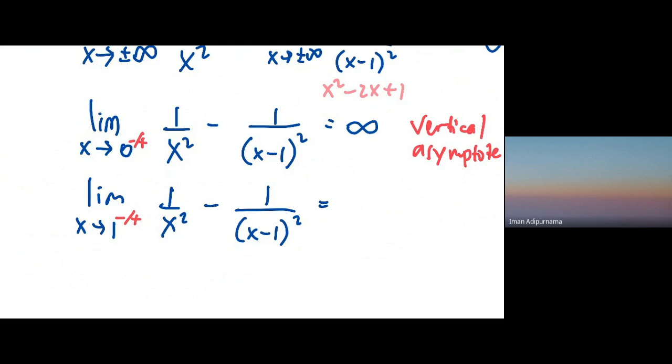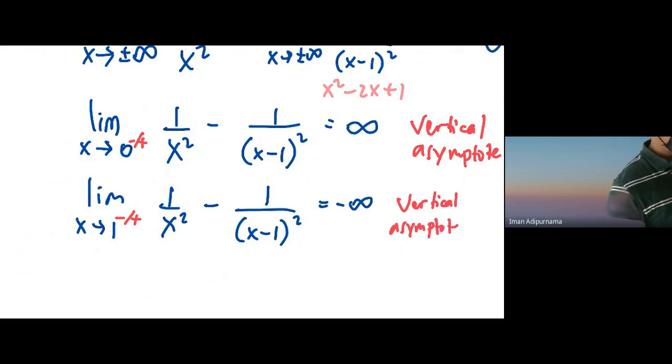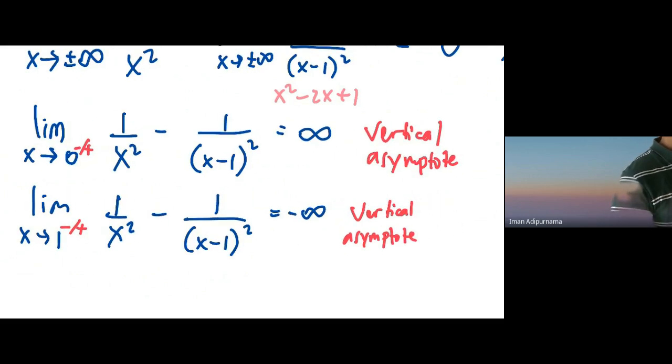It's infinite, and it's negative, so it should be negative infinity. So it's negative infinity here. And this will be our vertical asymptote. So x equals 0 and x equals 1.